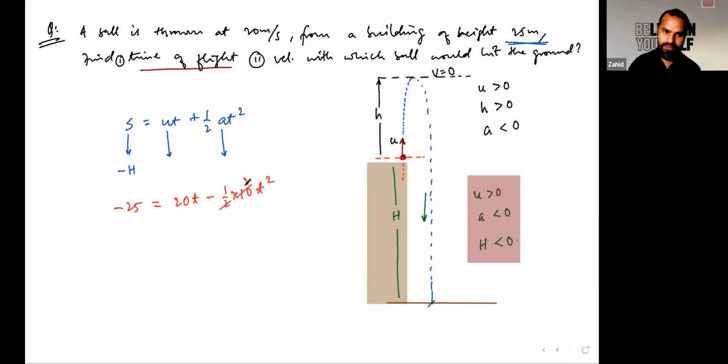So this becomes minus 25 is equal to 20t minus 5t squared. Just try to simplify this whole equation by dividing each part by 5. So it would be minus 5, 4 times t, and minus t squared. Have you all obtained this part?